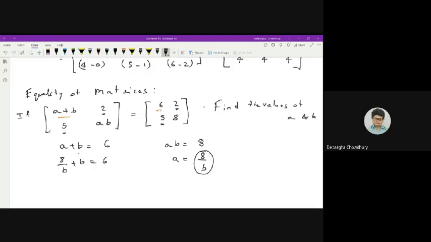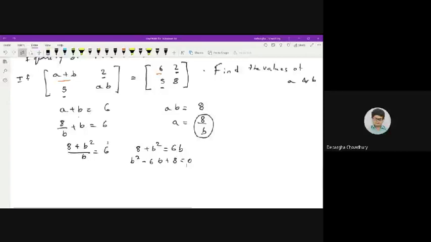So here we would get the value of b. It would be 8 plus b square by b equals 6. Now we would get a quadratic equation like 8 plus b square equals 6b, right? So I can rearrange it as b square minus 6b plus 8 equals 0.